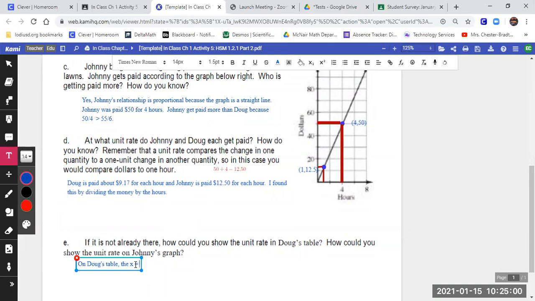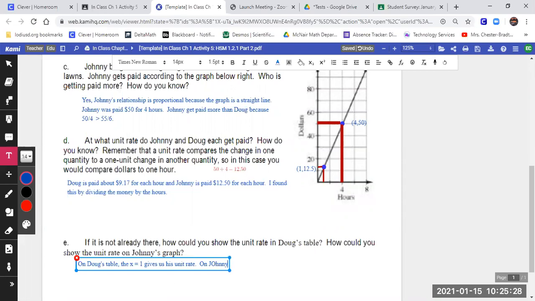What was the X for the circle? One. X equals 1. Gives us his unit rate.